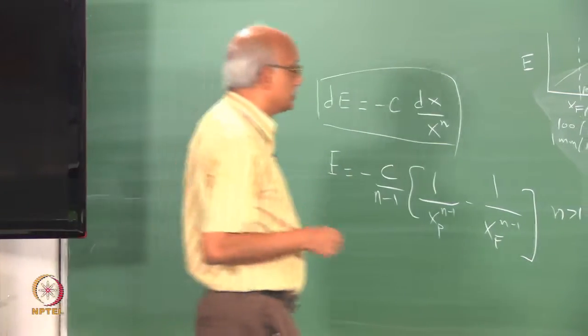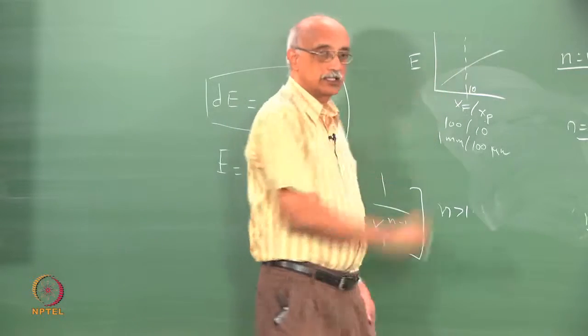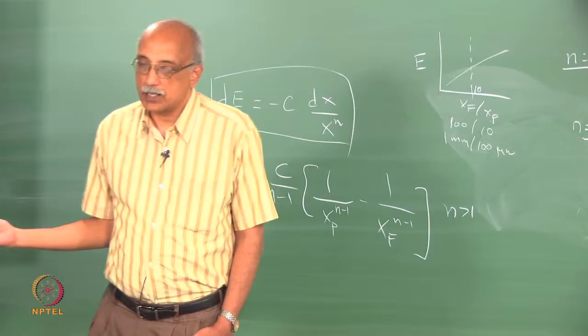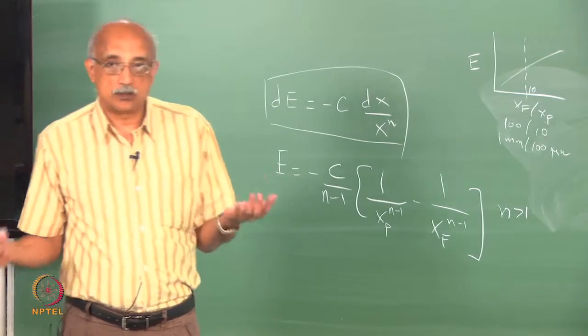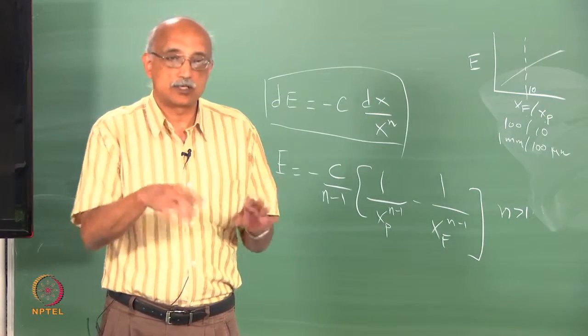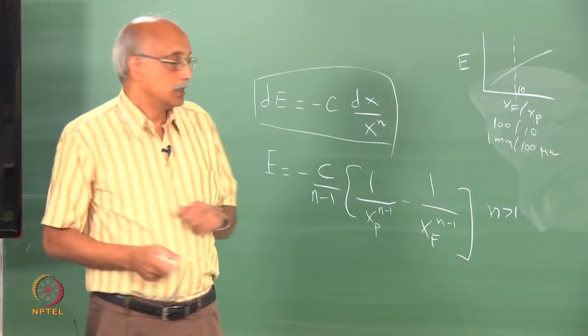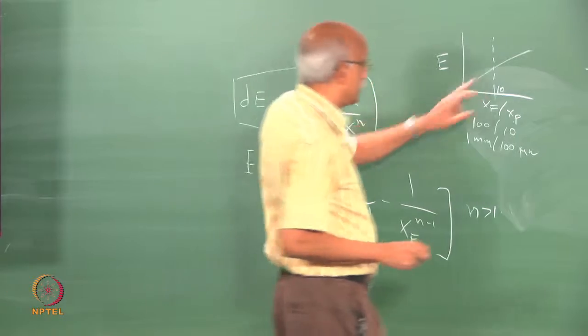And is it always true that you will always require the same energy input? Obviously not. I am sure you can intuitively feel that if you take a large particle, it is much easier to fragment it to smaller particles, and if you take a very fine particle and try to fragment it further, it is harder. So, clearly these curves are not unique.